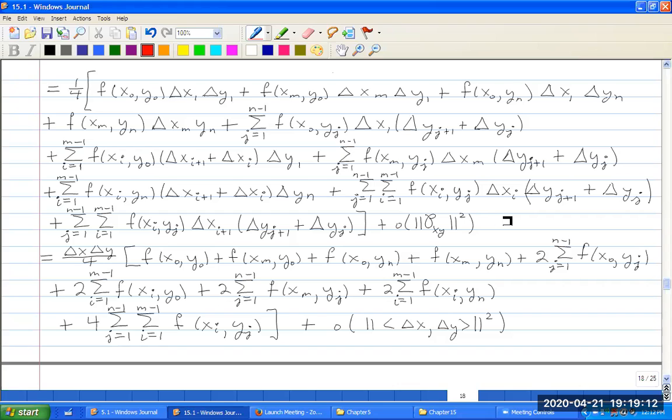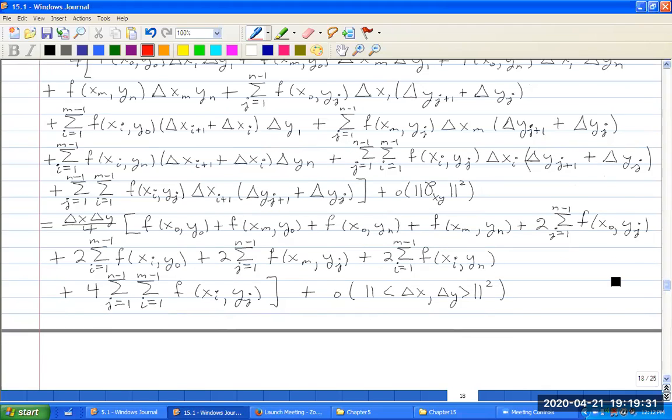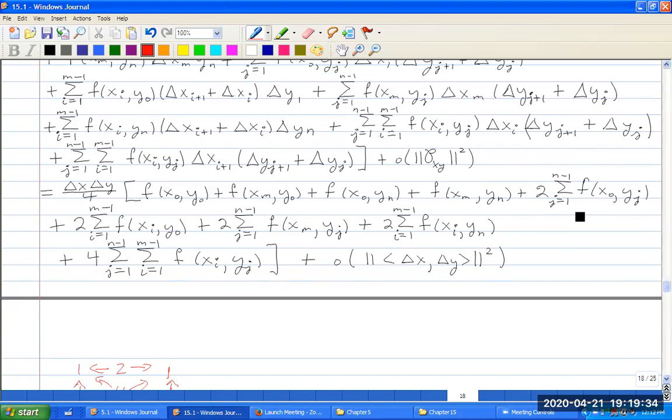You peel off the first few terms, you peel off the terms, you regroup everything, and you get delta x, delta y over 4 times the corner points, plus 2 times every other one, all the points on the little endpoints, plus 4 times the guys in the middle, plus little o of the norm of the partition squared.